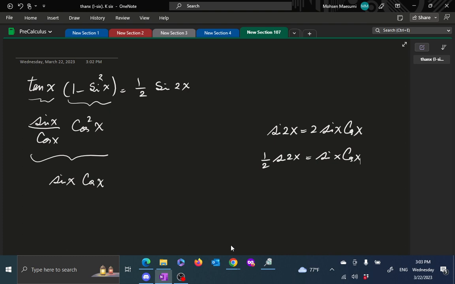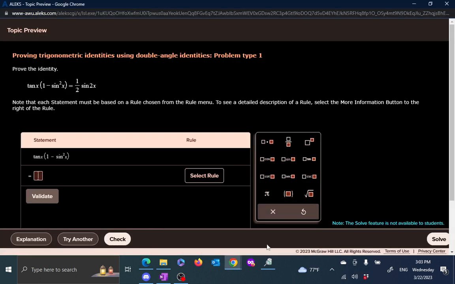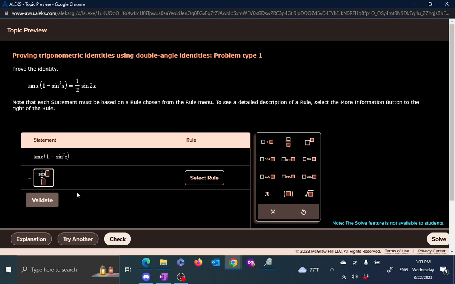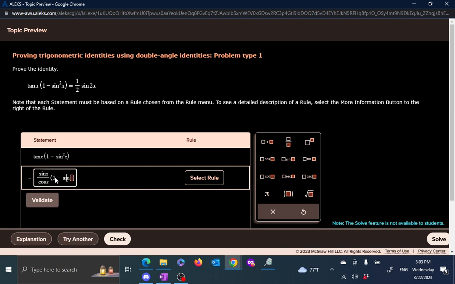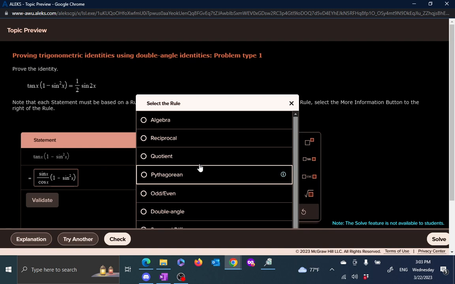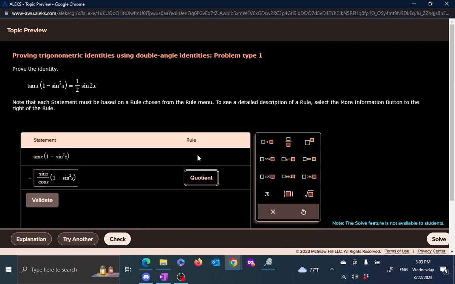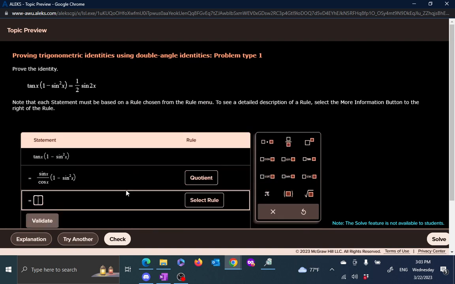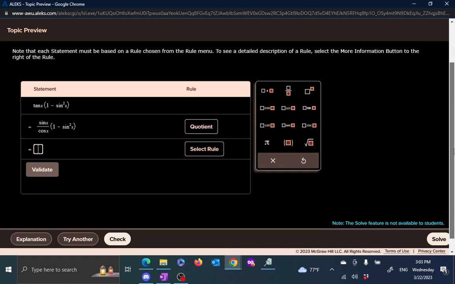Let's go back to our page here. So first I write this. I make a fraction for sine of x over cosine of x, and then I have 1 minus sine square of x. All I did so far is apply the quotient identity. So important thing, do one thing at a time.